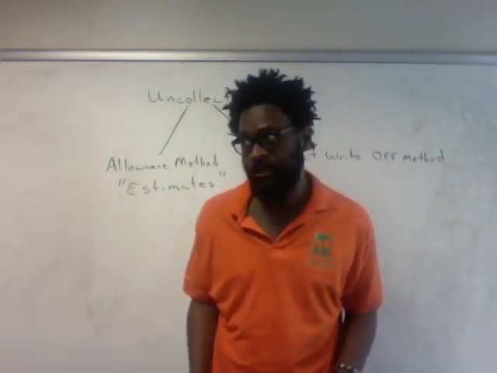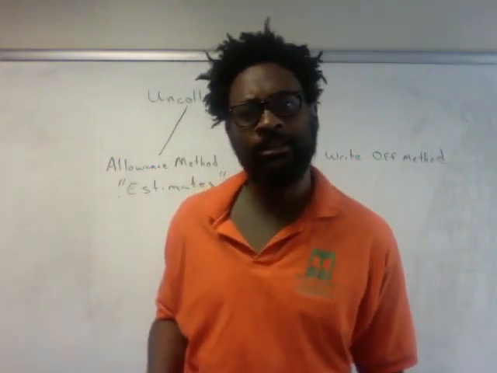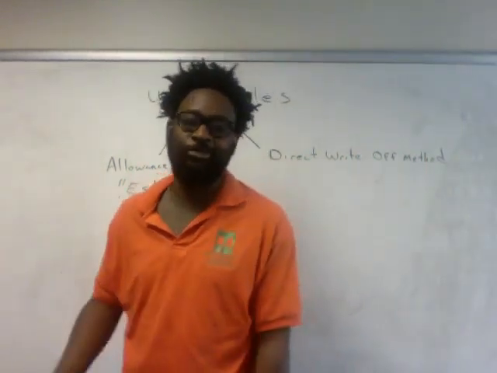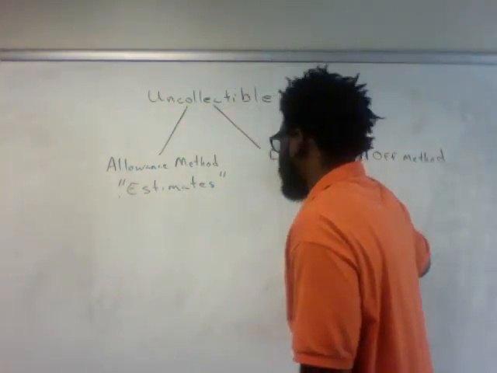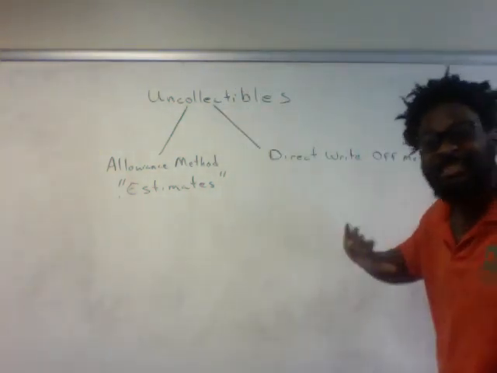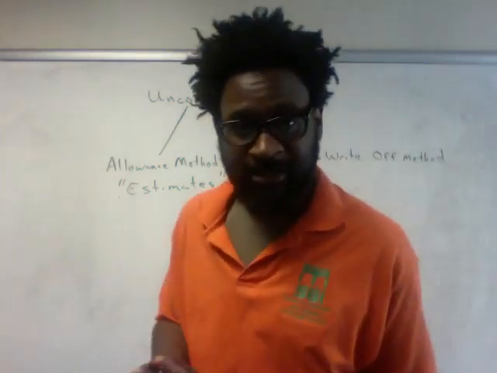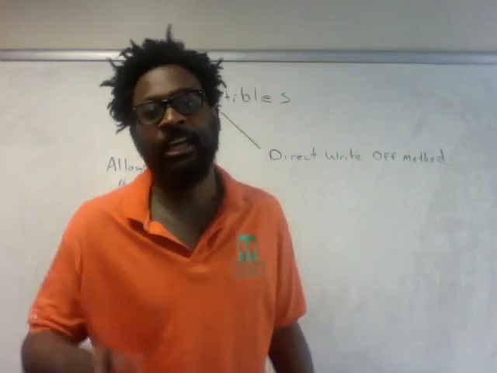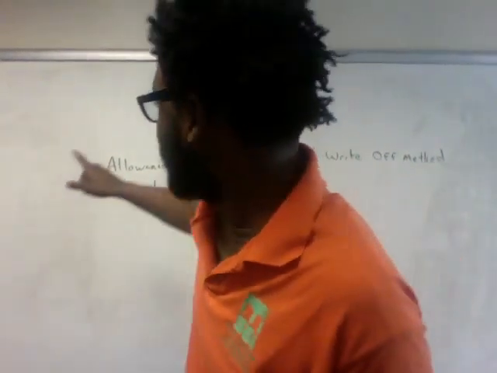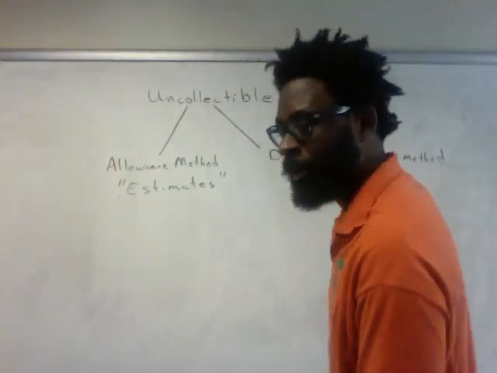You sell on an account, and based on your past experience with customers, you estimate a portion that you probably won't receive. Okay? The direct write-off method, it doesn't estimate. Basically, you sell a product, you provide the service, you wait, and the moment that you realize that it's uncollectible, you're going to do what?